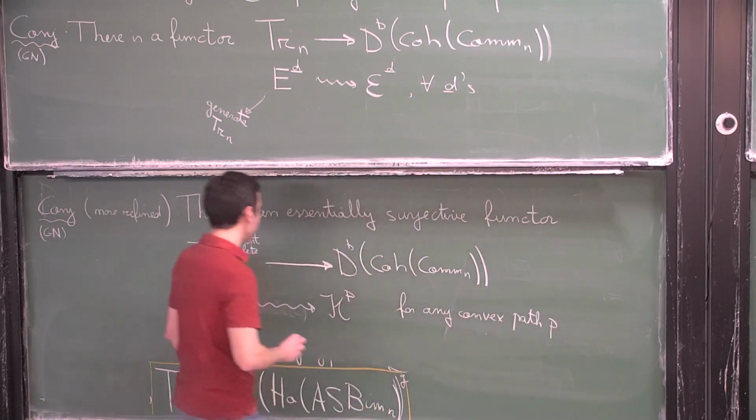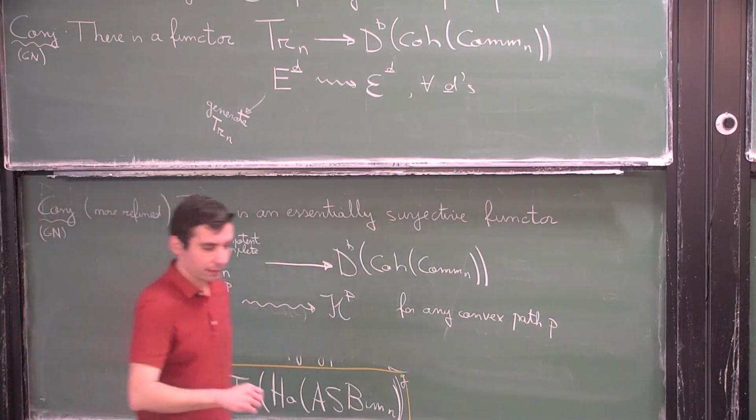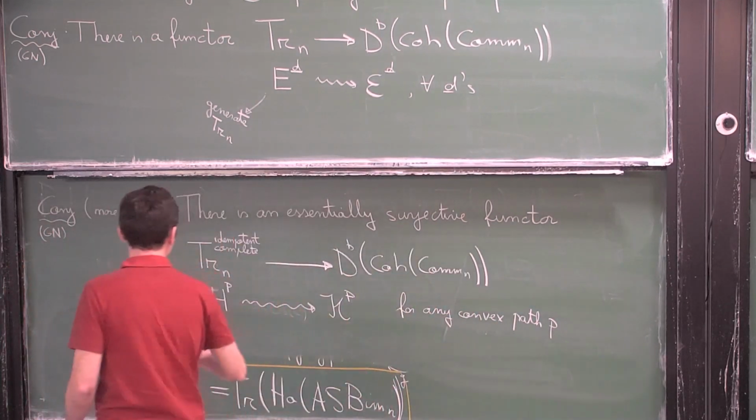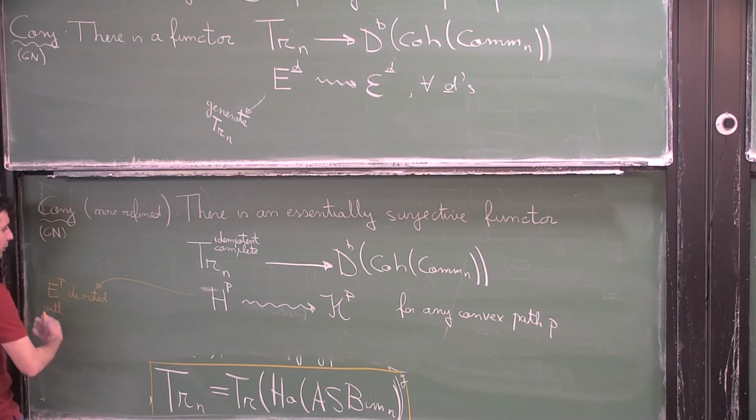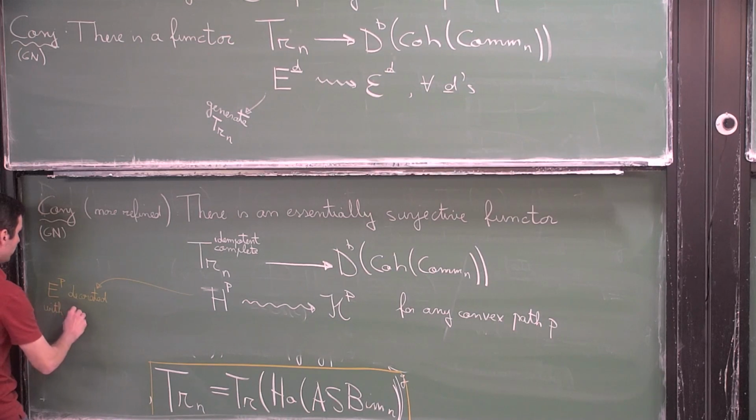Now I haven't defined the H_Ps for you. I should just tell you what they are in very, very loose terms. So this is like E_P decorated with a specific idempotent. I mean, some kind of symmetric group isotypic component of E_P. A certain idempotent.